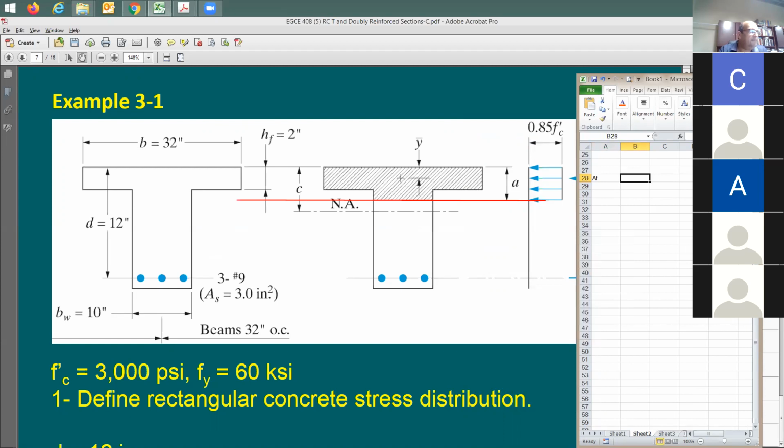How did you do it? The area of the upper part, 32 by 2, and then I added the 10 times 0.2. Very good. 66 square inches.